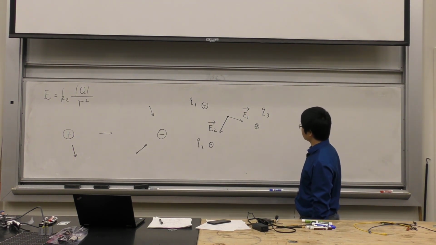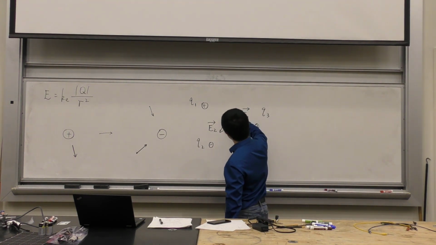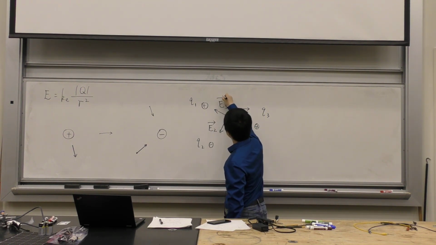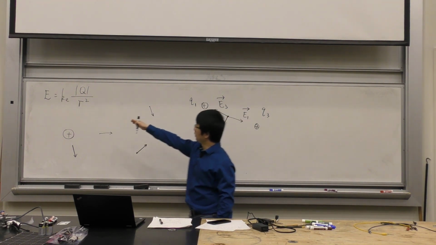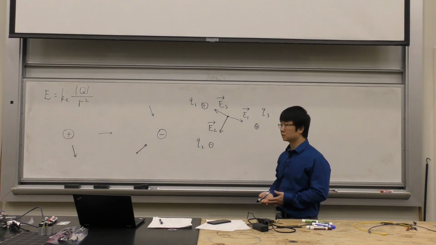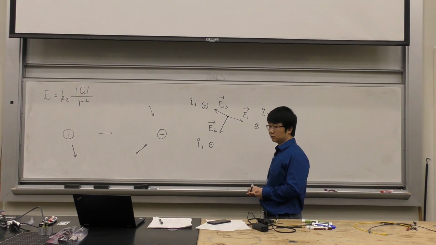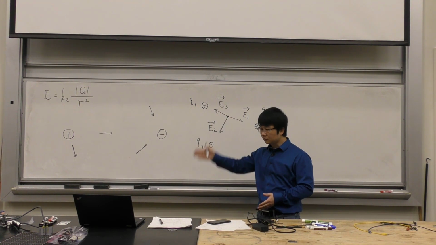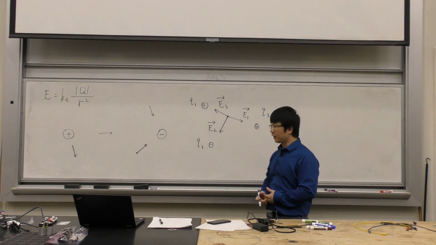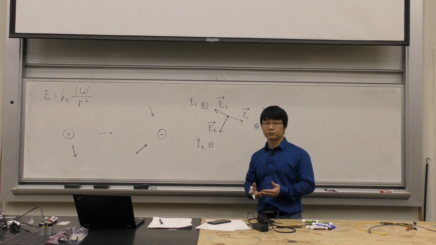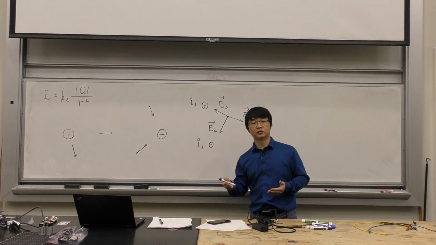Q3 is positive, so it creates an electric field away from it at this point. Find these three numbers, break them into X, Y, Z components, add X components together, Y components together, Z components together. Then at the end, you combine these components to find the net electric field at this point, magnitude and direction.